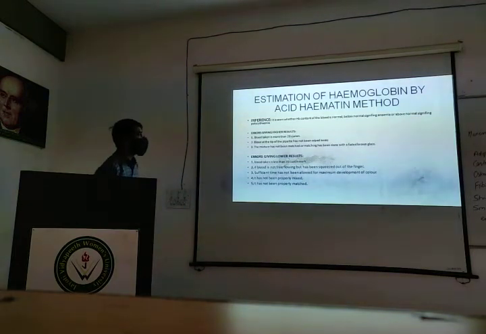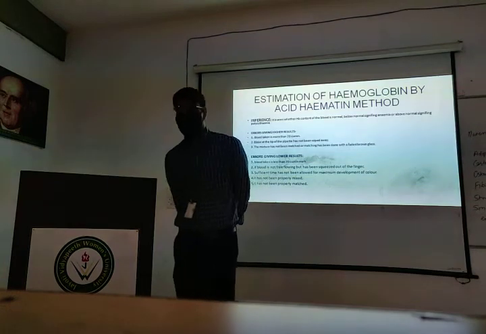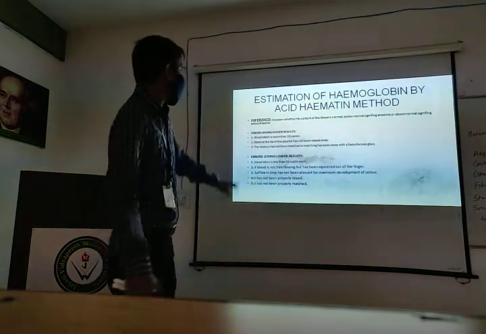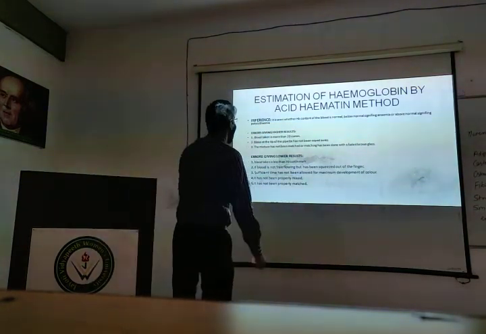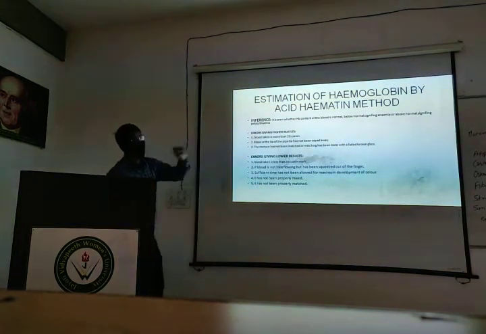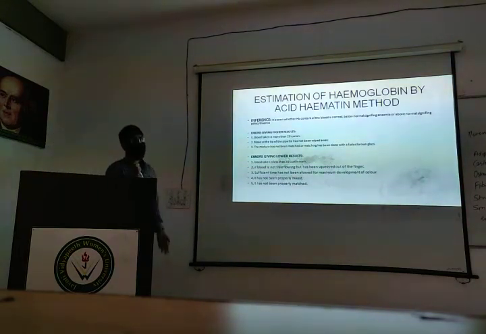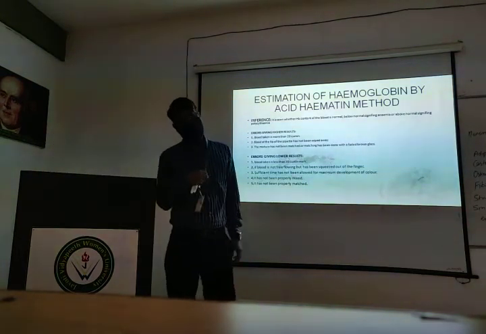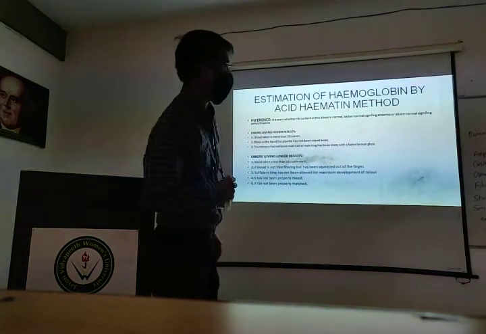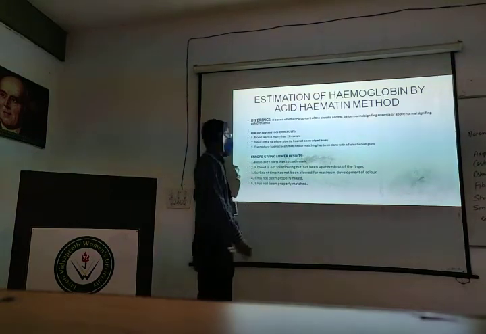Errors giving higher results. In which situation can we get higher results in hemoglobin estimation? First, blood taken is more than 20 microliter. If in the hemoglobin pipette we take more than 20 microliter of blood, there will be a higher result. Second, blood at the tip of the pipette has not been wiped off.